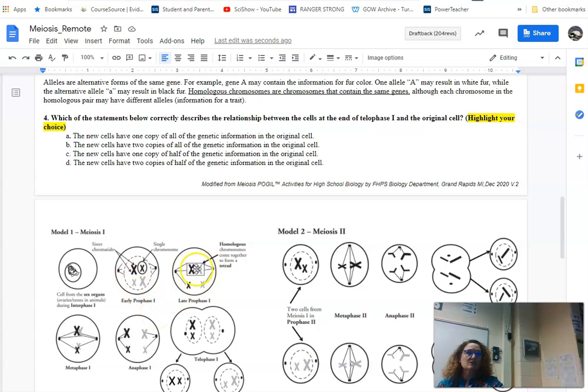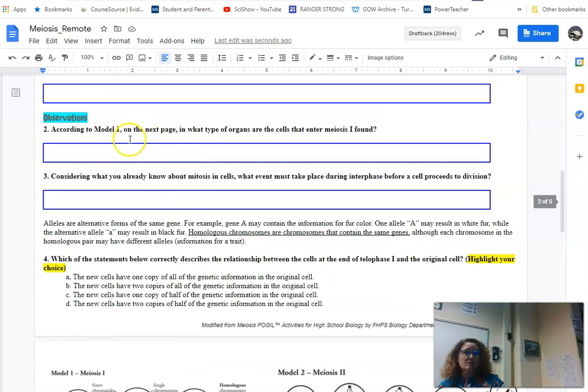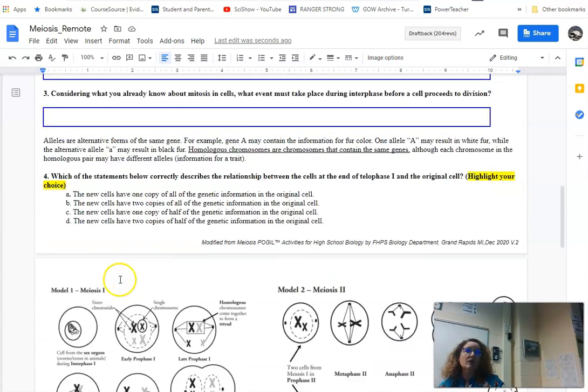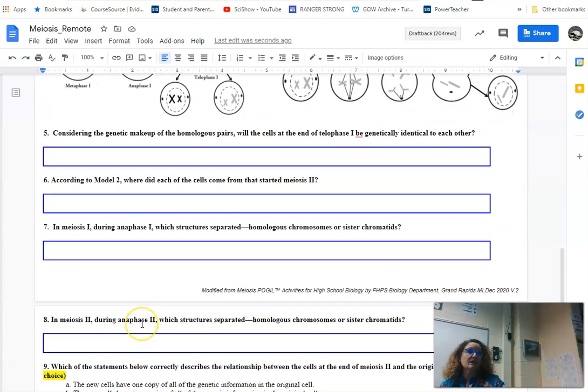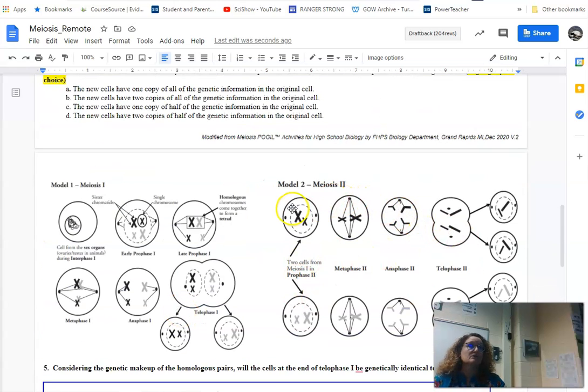So this here is a homologous pair, where they're carrying information for the same trait, but maybe a slightly different variation of it. You're going to answer the first couple of questions, 2, 3, and 4, after looking at Model 1, and then you're going to answer 5, 6, 7, 8, and 9, looking at Model 2, which is meiosis 2.